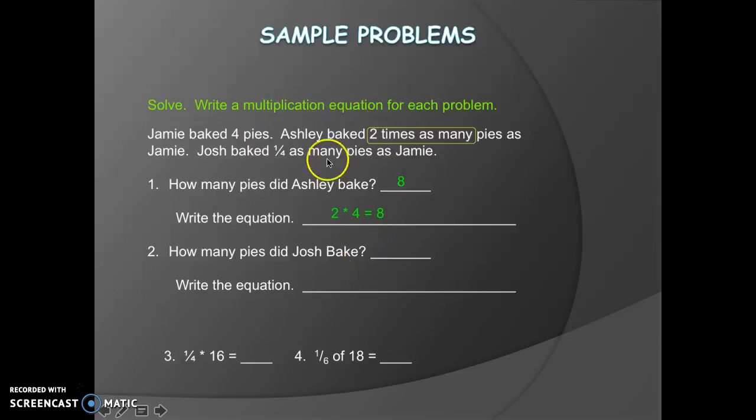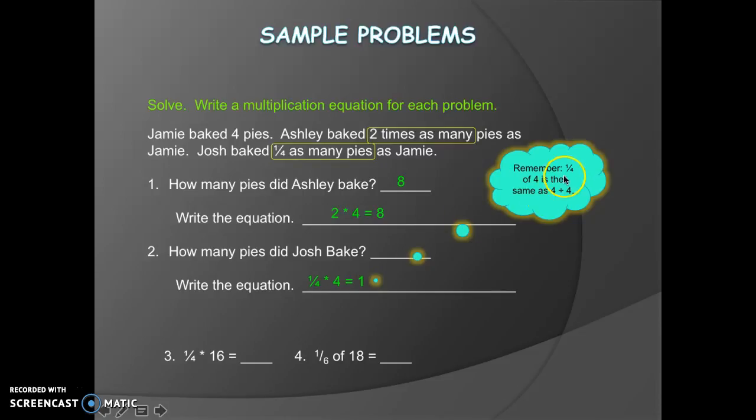Now Josh, on the other hand, only did 1/4 as many. So if we take those 4 pies and divide them into fourths, one of those fourths is simply going to be 1 pie. So 1/4 of 4 is the same as those 4 pies divided into 4 groups, and there's going to be 1 pie in each group.